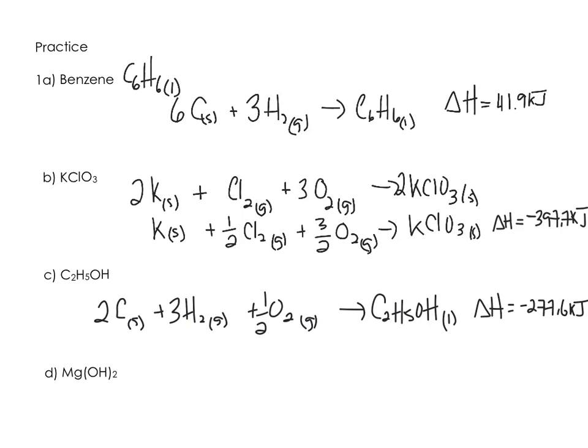So the thermochemical equation for the formation of ethanol from its elements is complete. One last one, magnesium hydroxide, Mg solid, oxygen gas, hydrogen gas makes magnesium hydroxide.